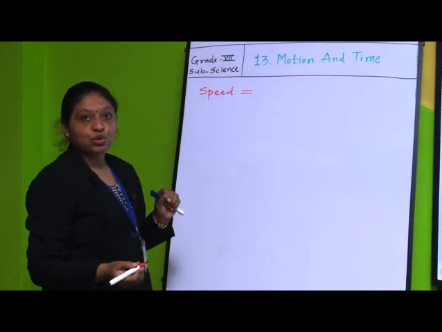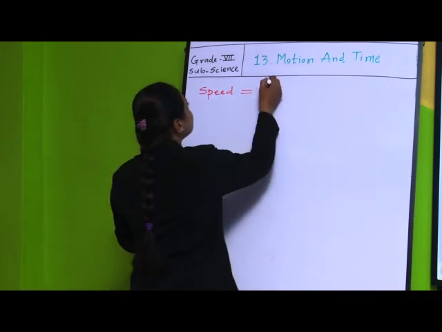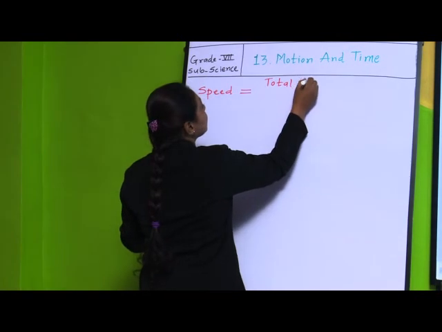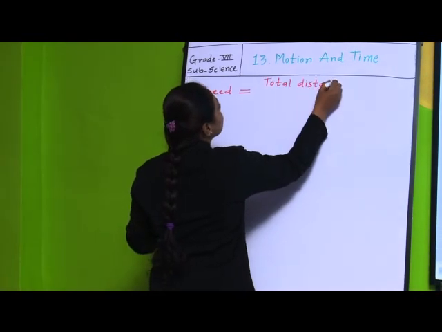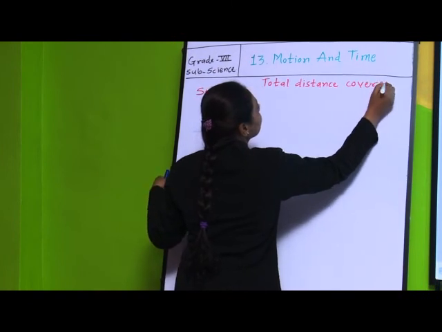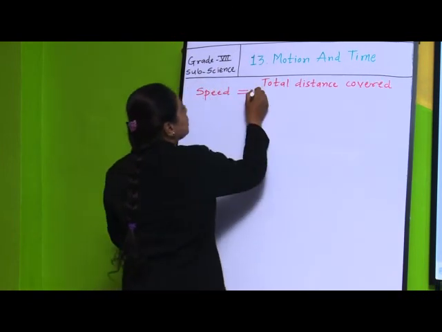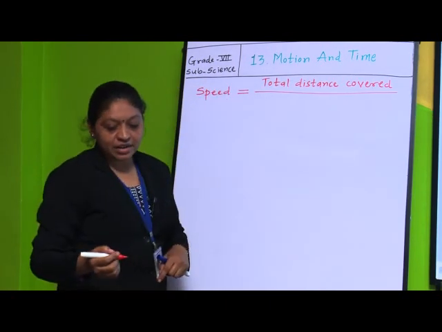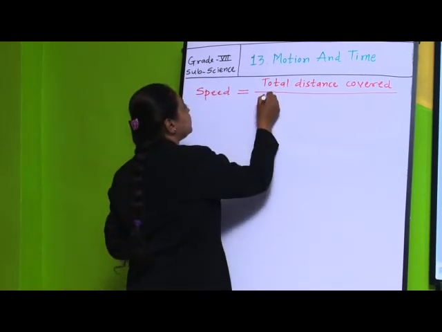Speed is equal to total distance covered divided by required time, or total time taken.